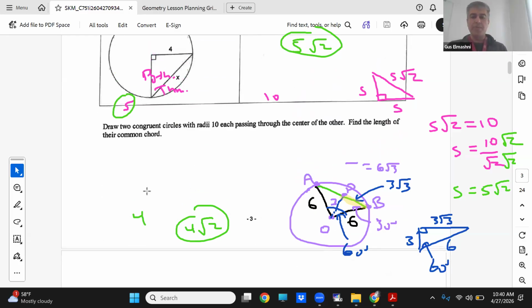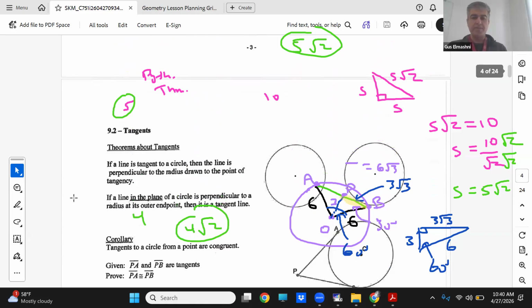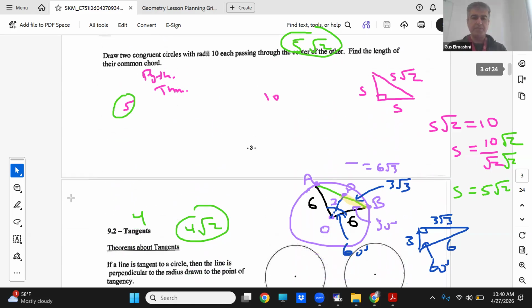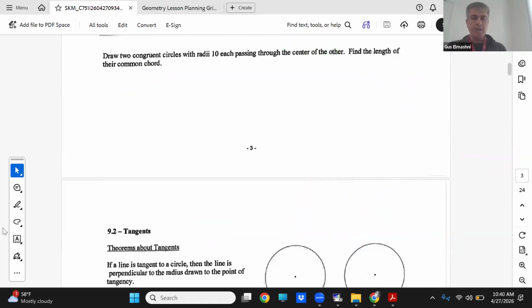All right, draw 2 congruent circles, radii 10. We'll talk about tangents after that. So, congruent circles, each passing through the center of the other. Oh, got it.